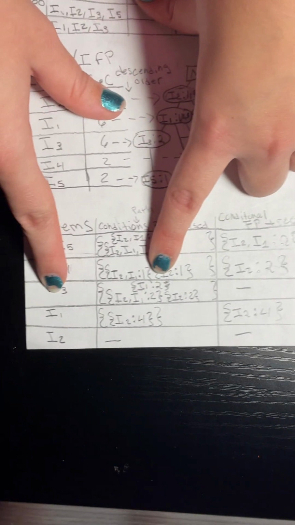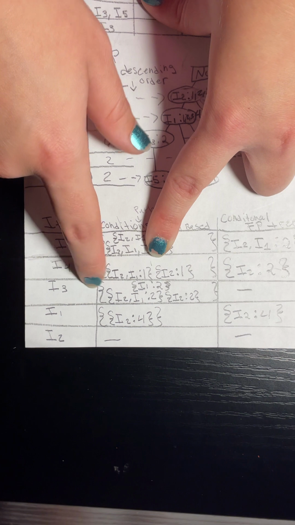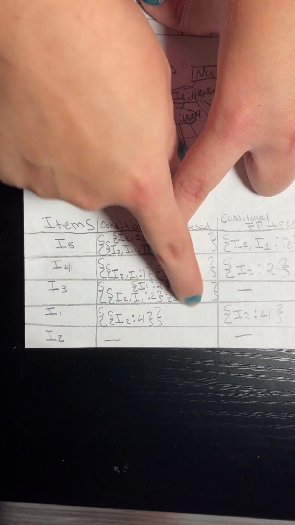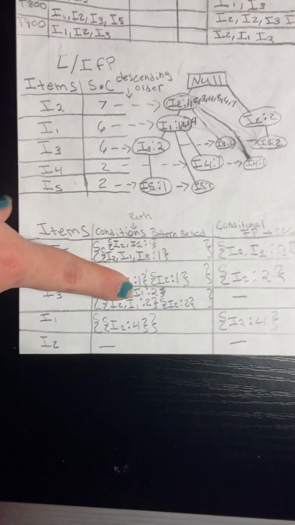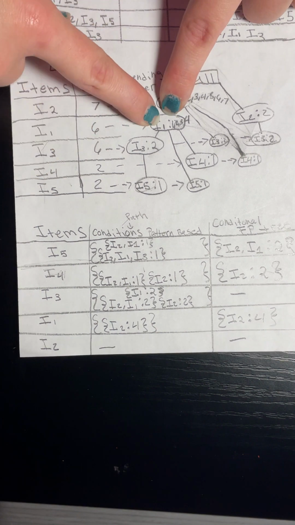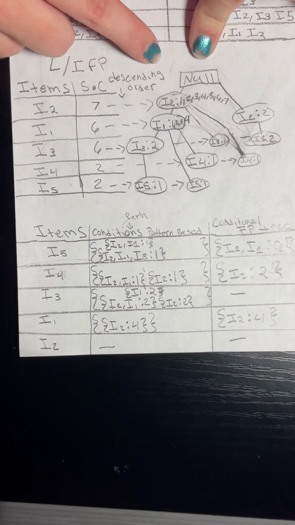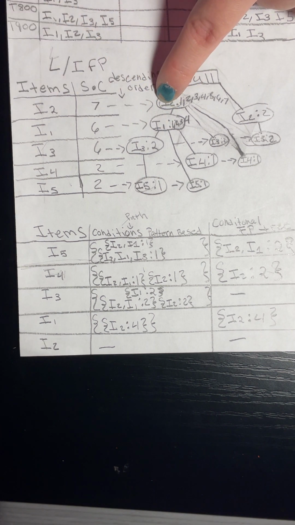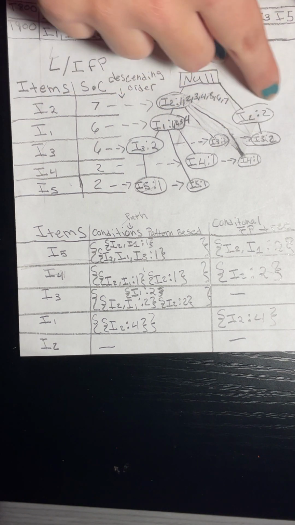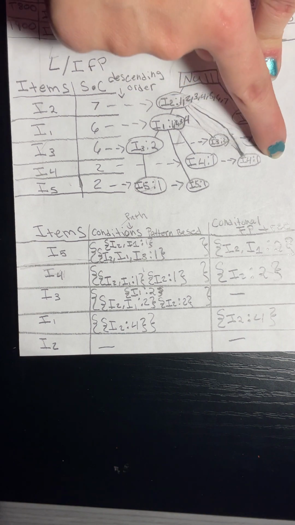And then let's go on to our third one, I3. For I3, we have 3 different pathways. We start out with our I1. We can go from I1 to I3 right here, which is 1 pathway.